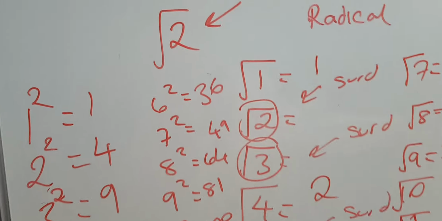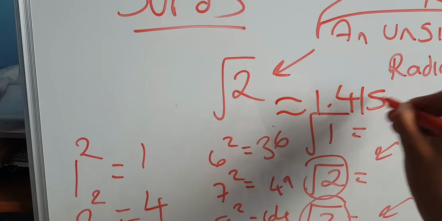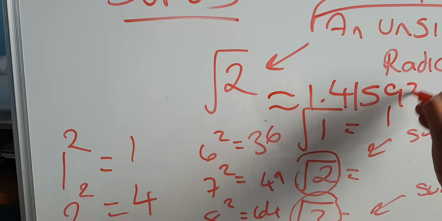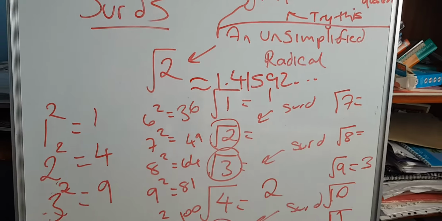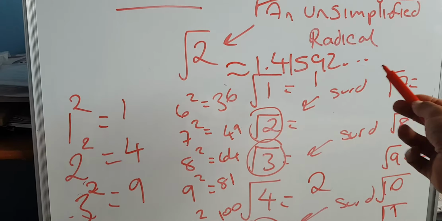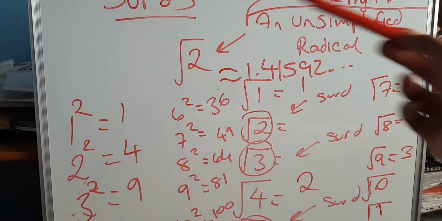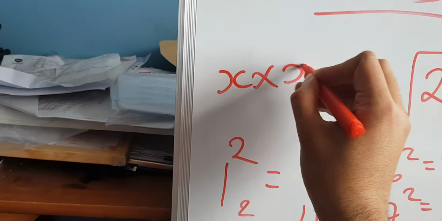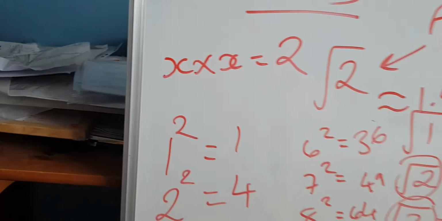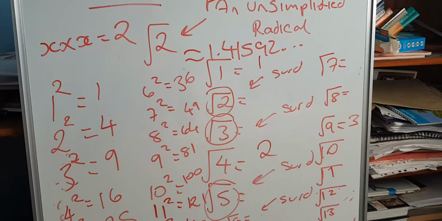Root 2 on your calculator is approximately 1.415 92, and then it goes on forever. There are not two whole numbers that multiply to make 2, so that's why I call it a surd.